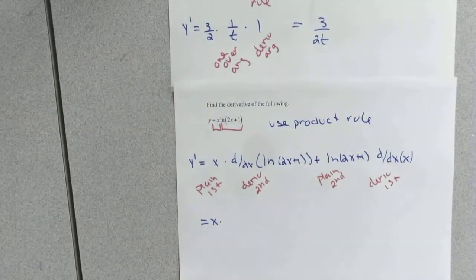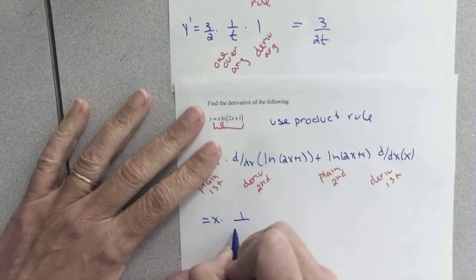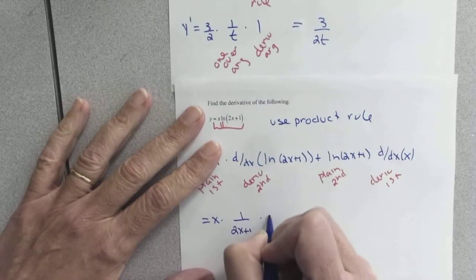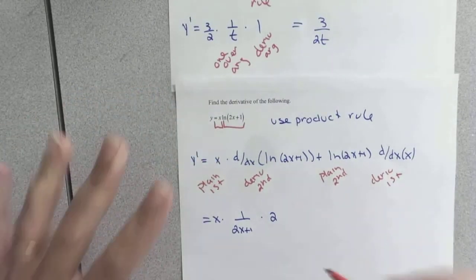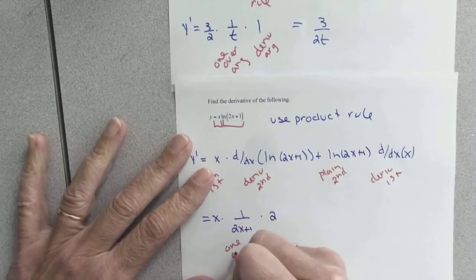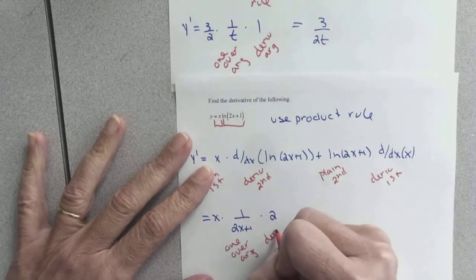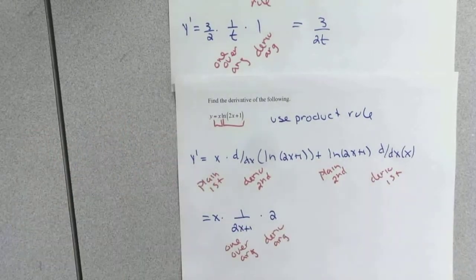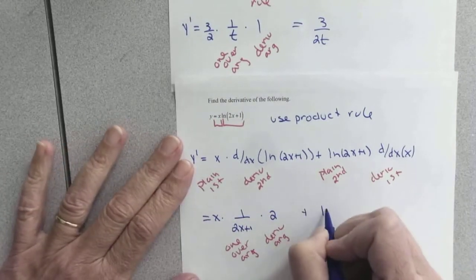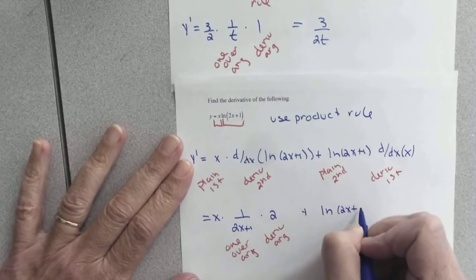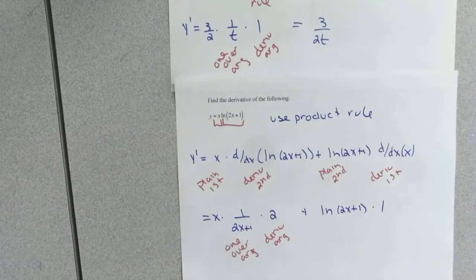So I get to the second step, plane first, do nothing. I get to my logarithm. 1 over the argument, derivative of the argument. I'm up to the plus sign. Plane second, don't do anything. Derivative first, times 1.